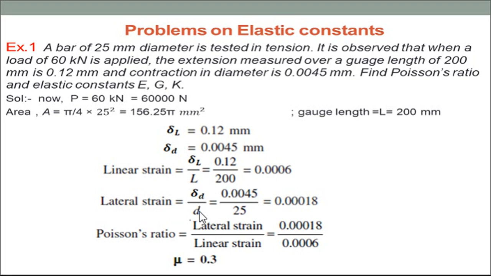Put both values in this formula and you get the lateral strain. Once we have the lateral strain and linear strain, we have the formula for finding the Poisson's ratio: mu is equal to lateral strain to linear strain. Put both of these values and we get the mu value.